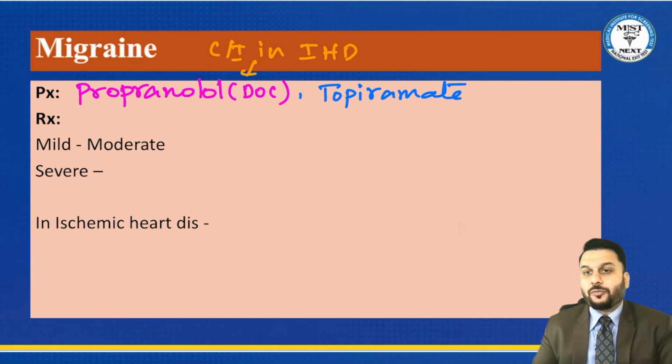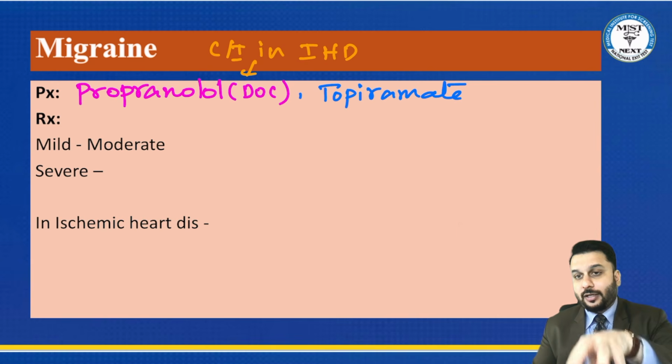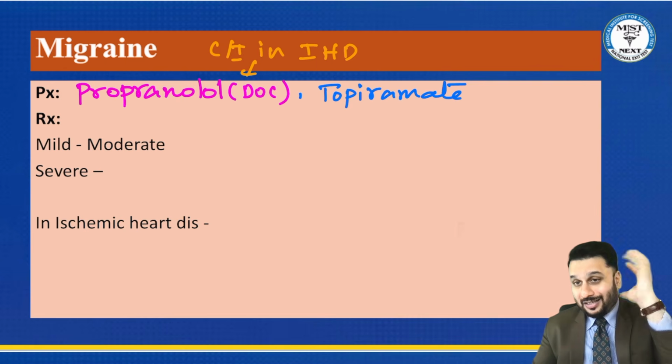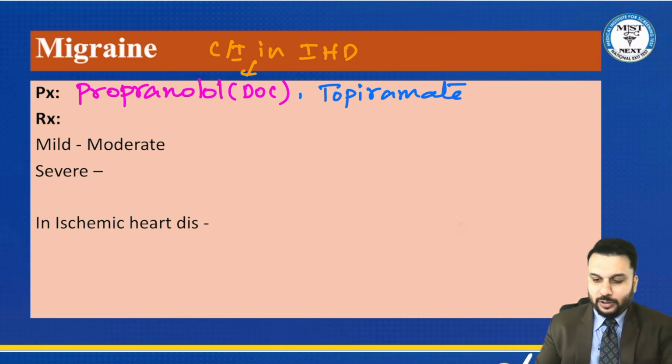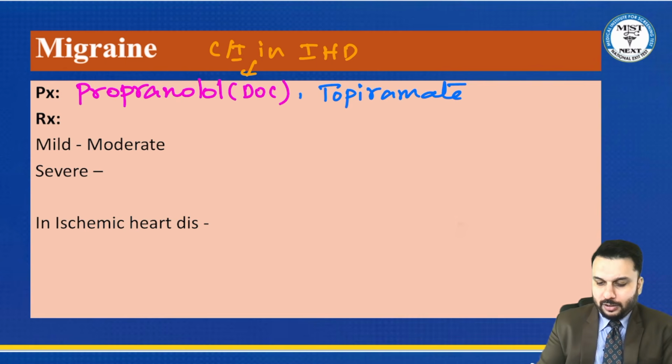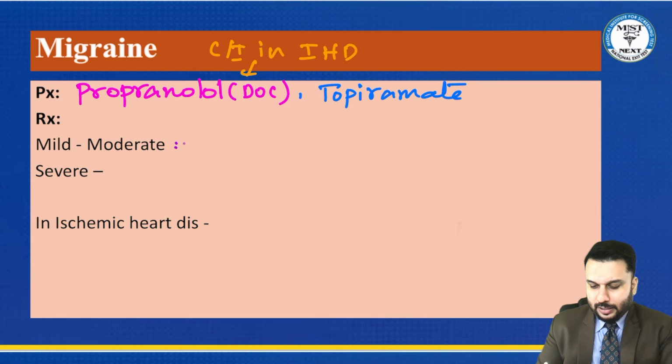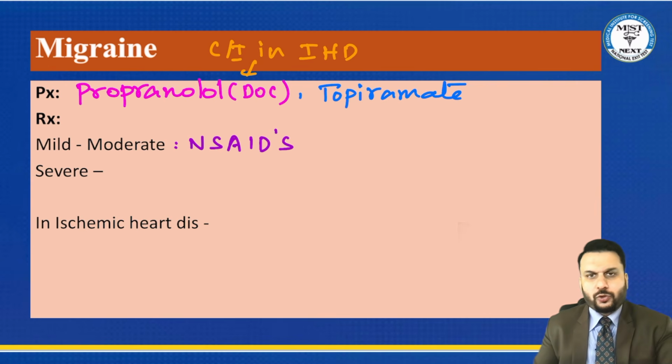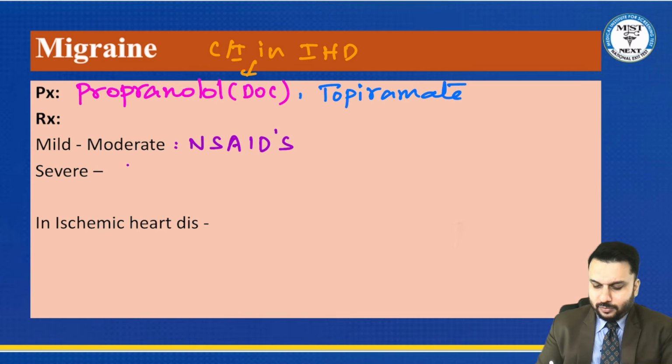Next, if you come to me with headache right now, you're my patient, you're saying, sir, it's paining right now. Then to reduce your pain right now, I may choose NSAIDs, drugs like naproxen, ibuprofen, etc. And for the severe, we go for the drugs called triptans.